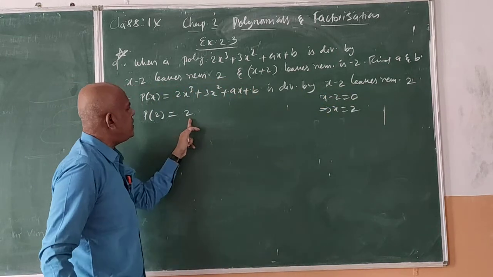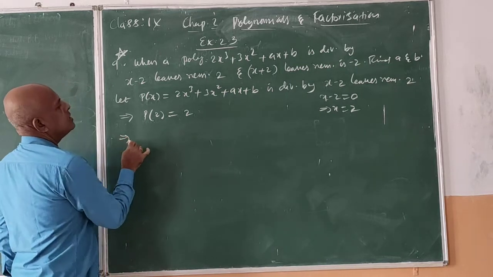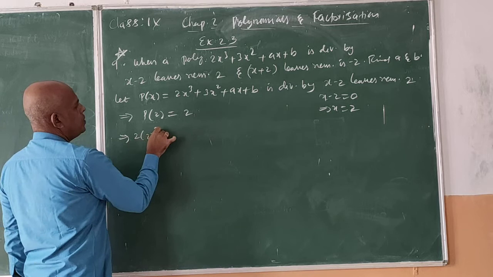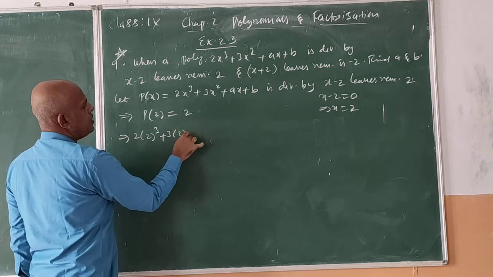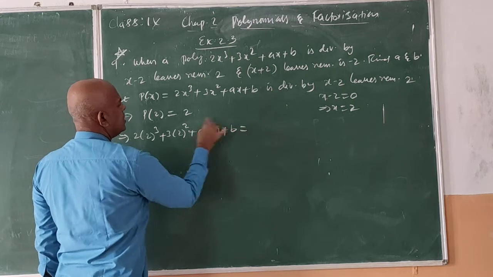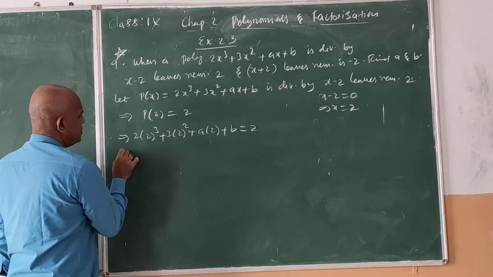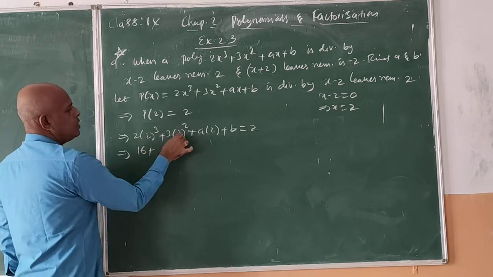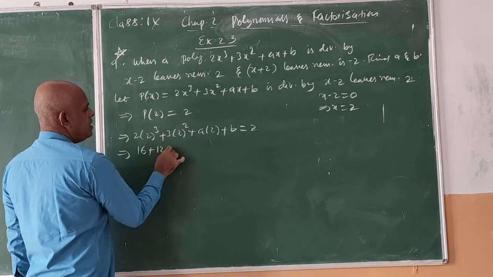In place of x we substitute 2: 2 into 2 cube plus 3 into 2 square plus a into 2 plus b is equal to 2. 2 cube is 8, 8 into 2 is 16. 2 square is 4, 4 times 3 is 12.